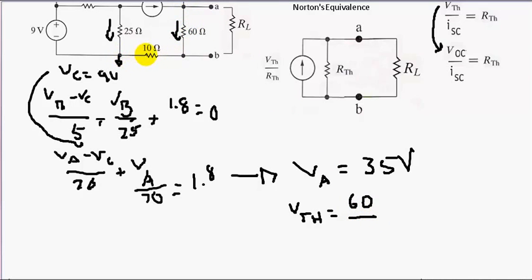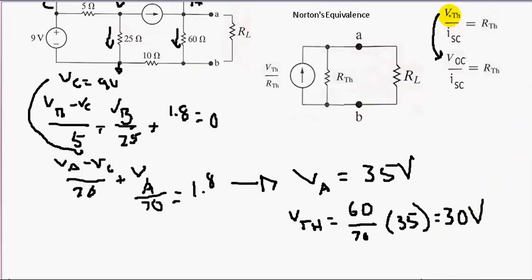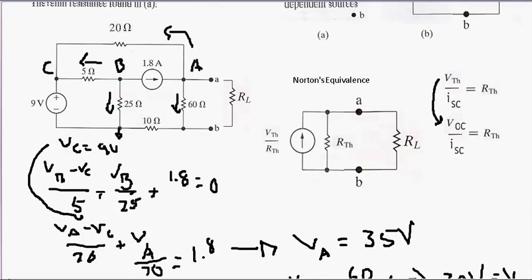We have this 10 ohms in series with 60, so 60 plus 10 is 70 ohms, and then you multiply it by the voltage being divided up. What's the voltage being divided up? That's our VA, 35 volts. And that V Thevenin is 30 volts. According to our equation, V Thevenin is equal to V open circuit. So this is our V open circuit.